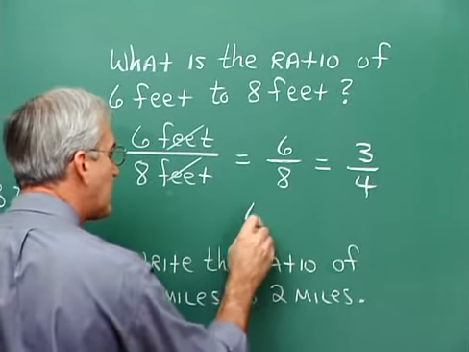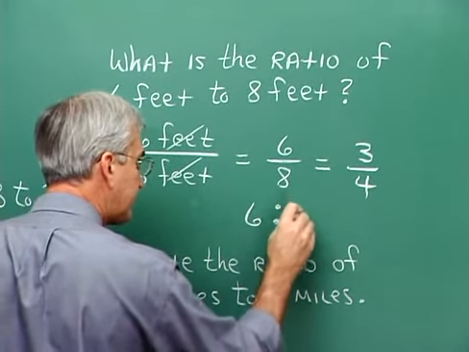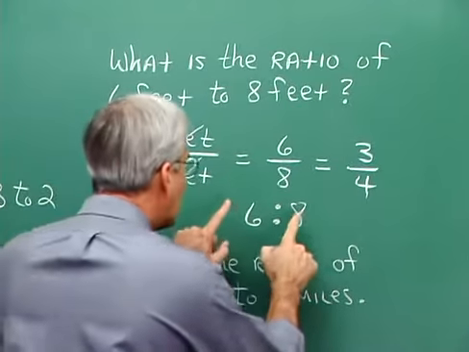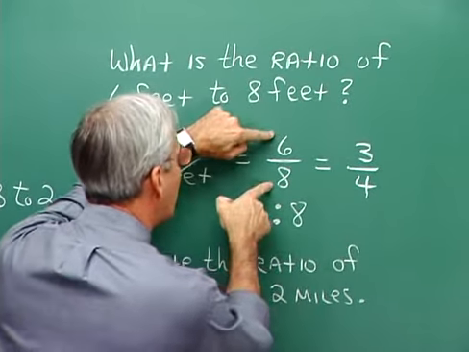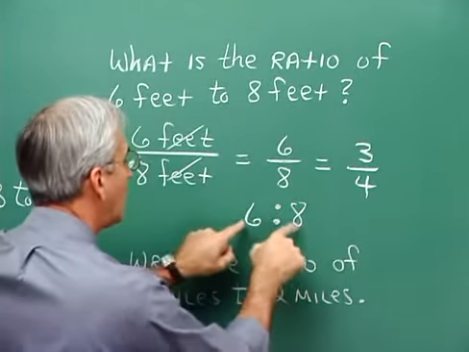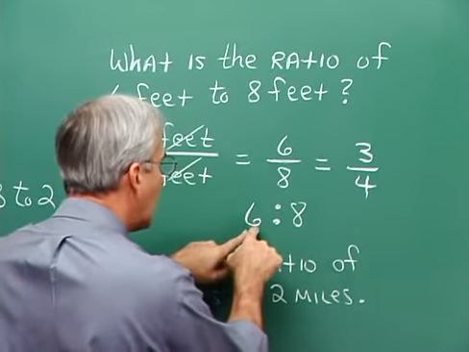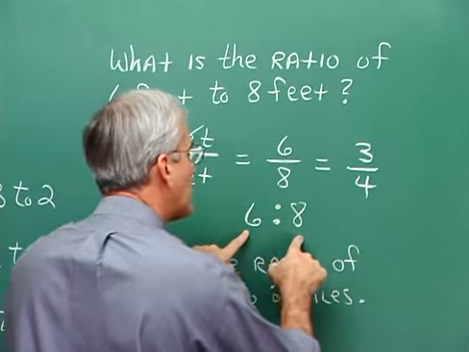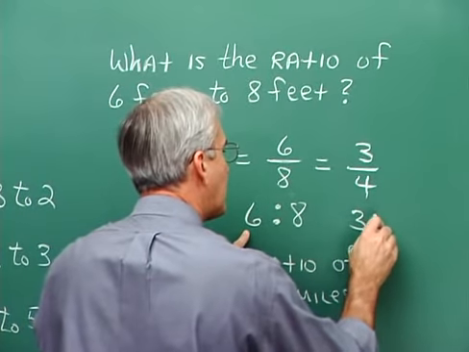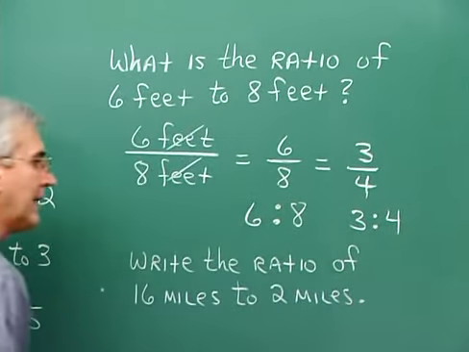If we have 6:8 like this, we could treat this as though it were parts of a fraction and say, let's reduce this form. Well, 2 into 6 is 3, 2 into 8 is 4, so we could write this as 3:4 like that.